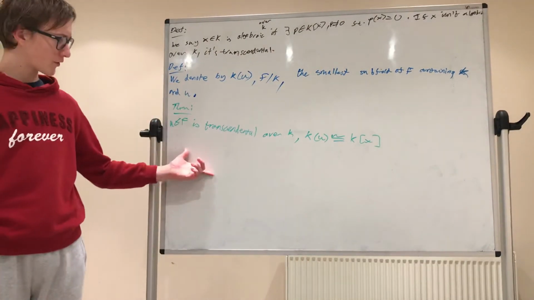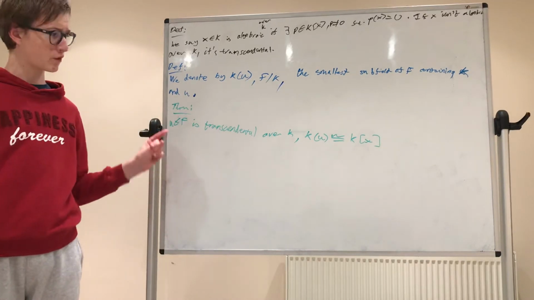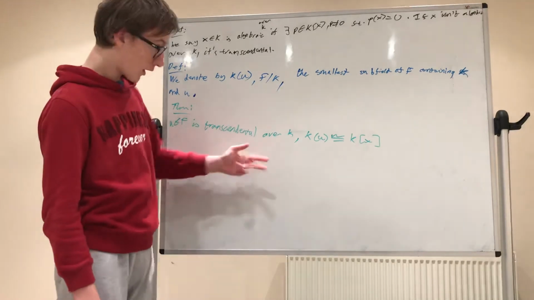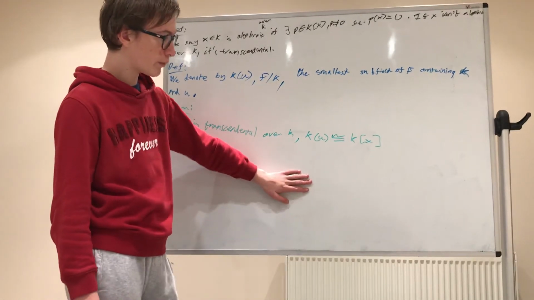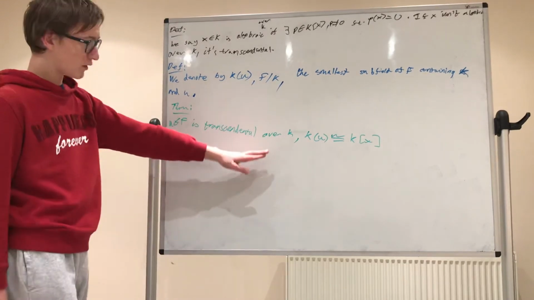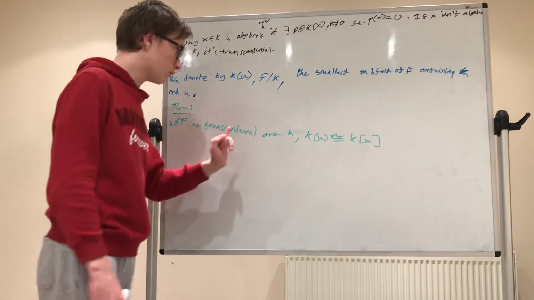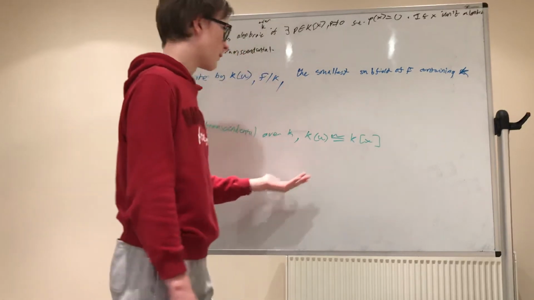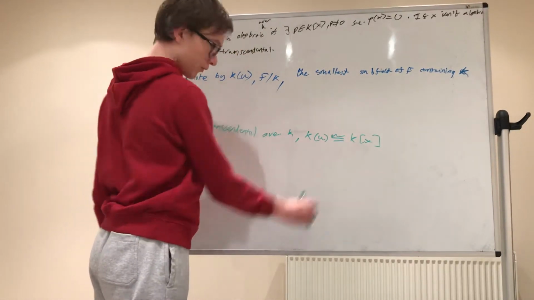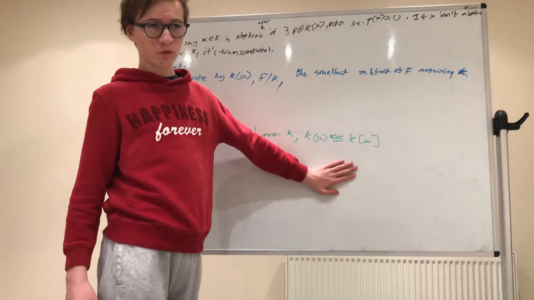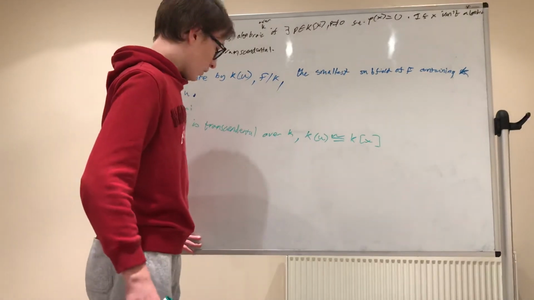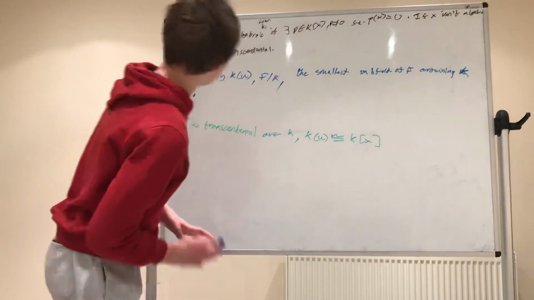Well, that's quite an interesting result. It's not the result that would spring to mind. Perhaps if u were algebraic, this might make a little bit more sense, but no, it's different. If u is transcendental, then the smallest subfield of F containing u and K is isomorphic to the rational functions with coefficients in K. Fascinating. So let's prove it.